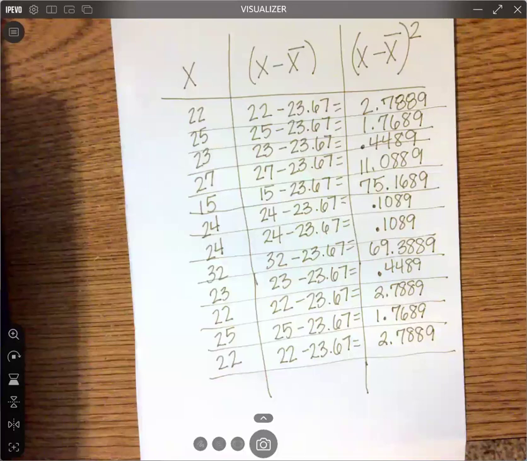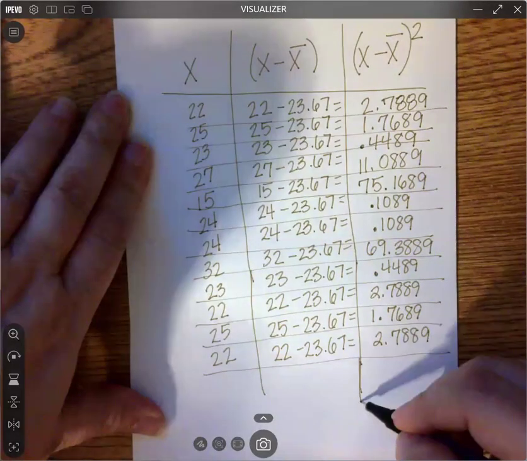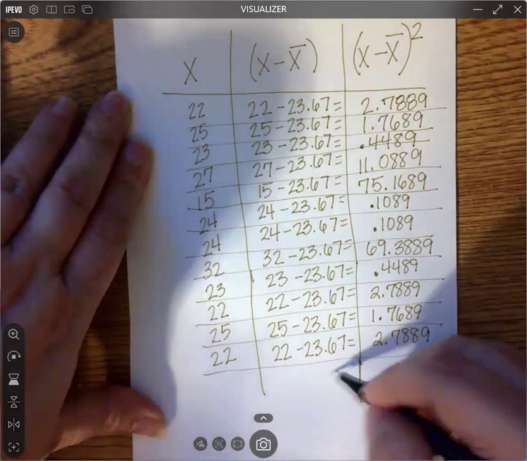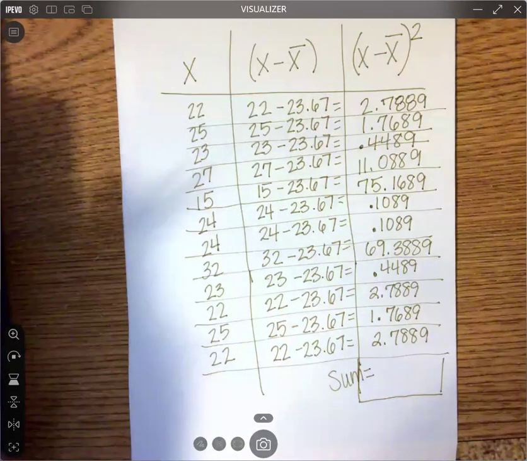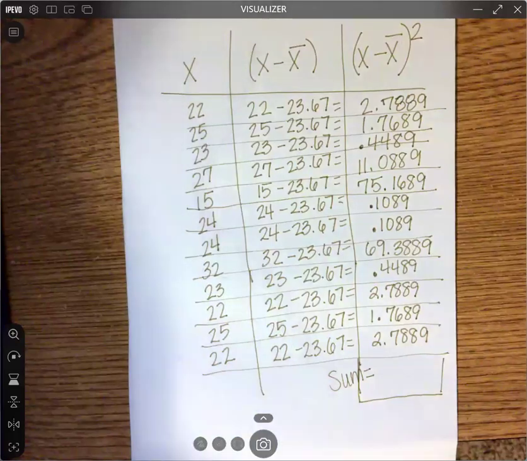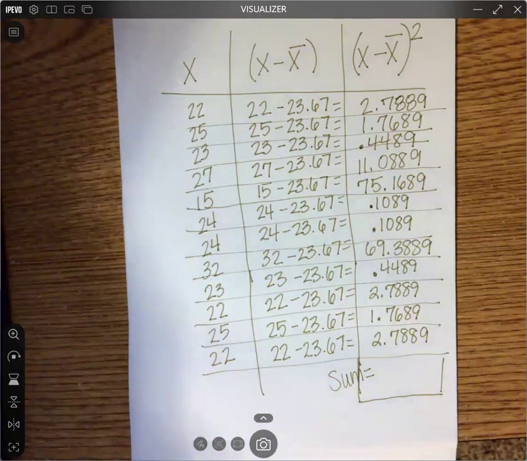Okay. Step number 4, find the sum of all of those numbers. So this is going to take a few minutes. Again, if you need extra time, pause the video. Otherwise, just do it while I'm doing it.